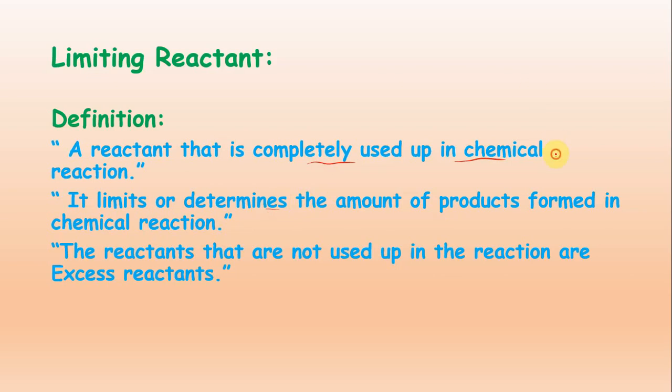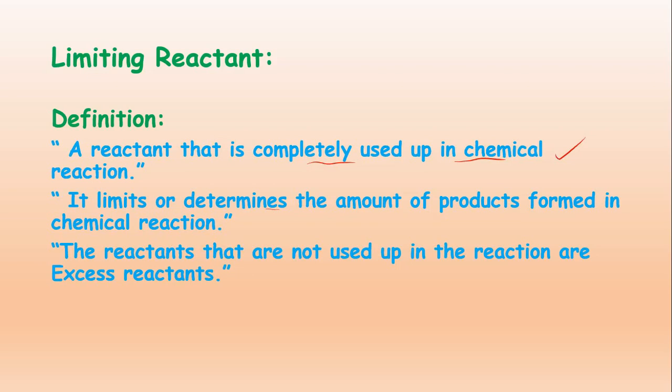Number one, it is basically a reactant which is completely consumed in the reaction first, initially. Second, it limits or determines the amount of the product formed in the chemical reaction.